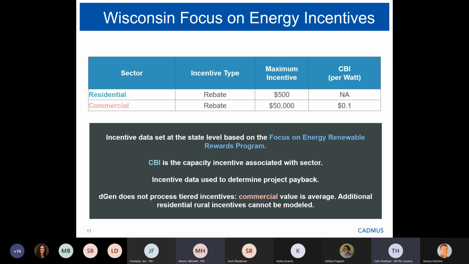Yeah, exactly, Tyler. I think this would be an interesting one to look at because, as you noted, these have changed over the years and could very well change in the future. And it would be interesting to understand their influence on adoption, especially if, in kind of a baseline scenario, you've got the ITC, if it's not extending, because we're not assuming it's extended.